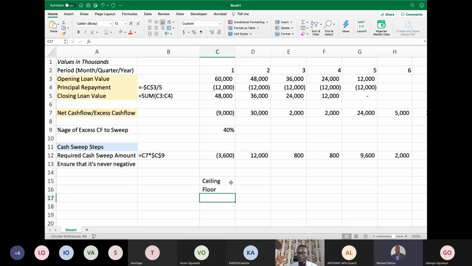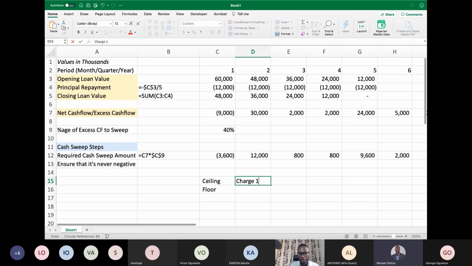Let's say there are some transactions that you do and the processor tells you that they are going to charge you, as an example of a ceiling, 1% or 500 naira, but never above 500 naira.